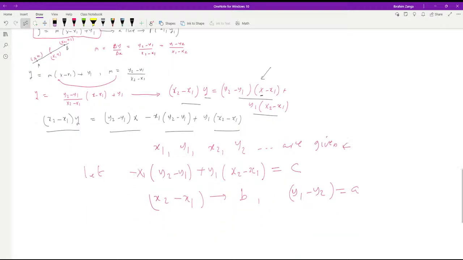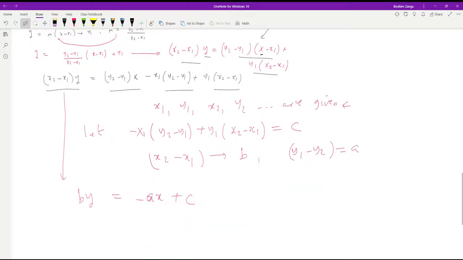After this, you are going to see that this one here will be reduced to by equals minus ax plus c. I will call this c1 so that when I combine them now, I'll be having by plus ax minus c1 equals 0.